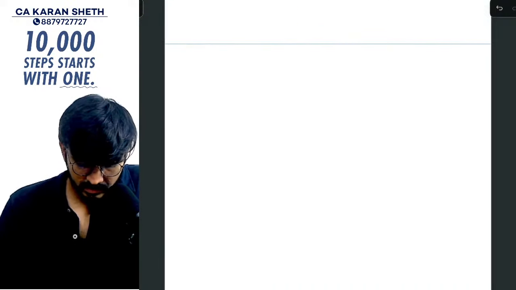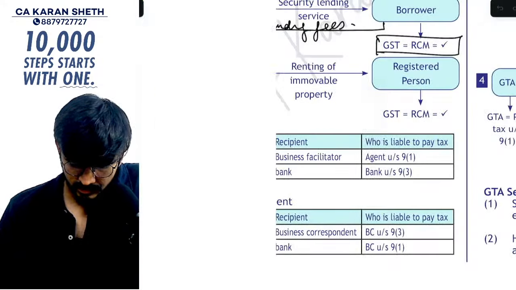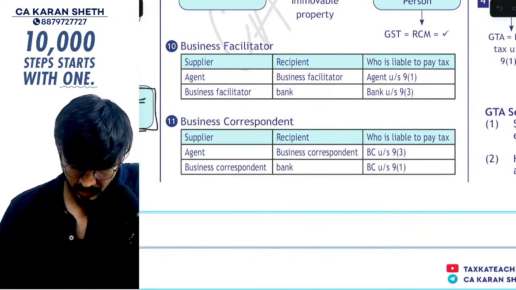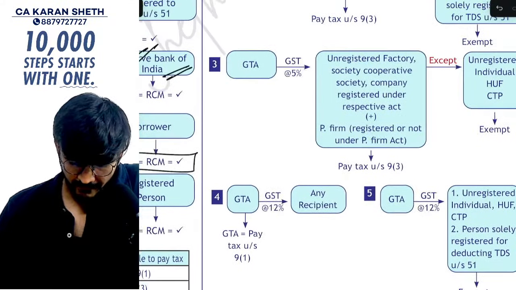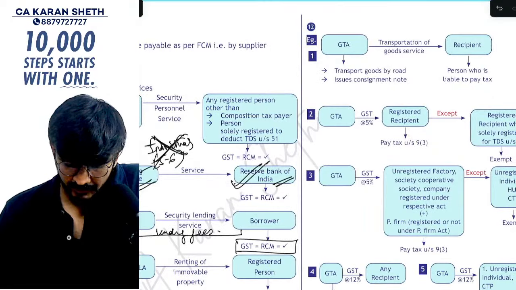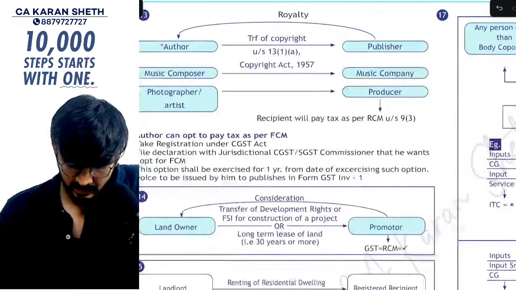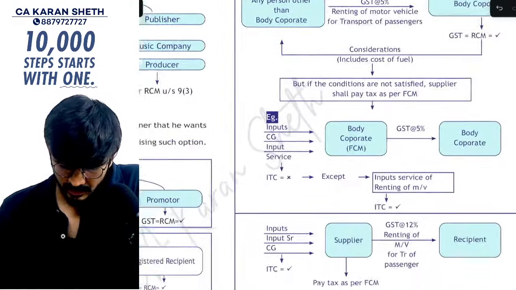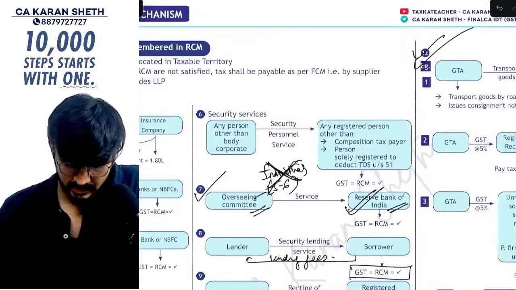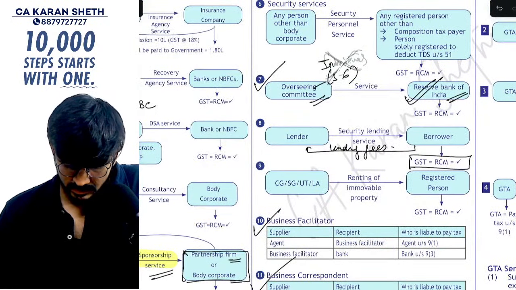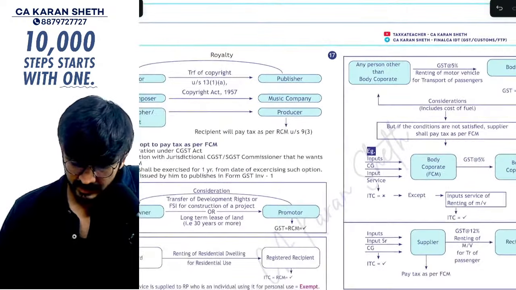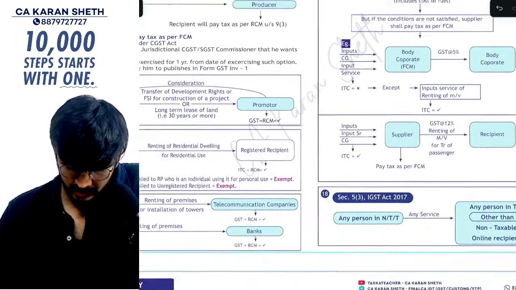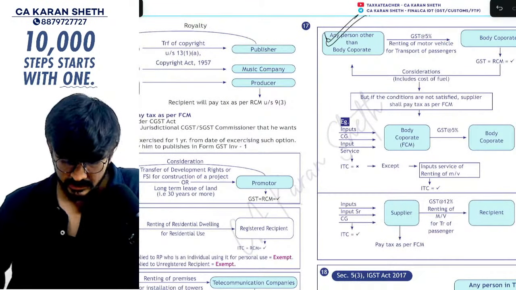Okay, fantastic. Done. That goes here. Very simple. Now we have GTA service, security service, and renting service as one of the most important ones.